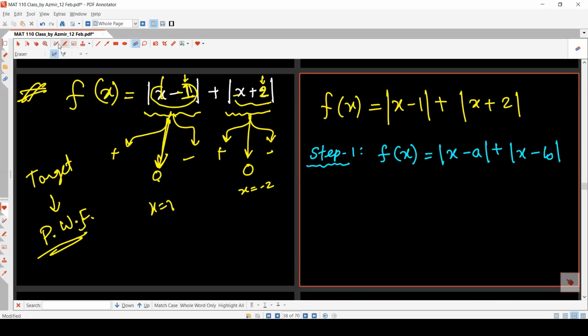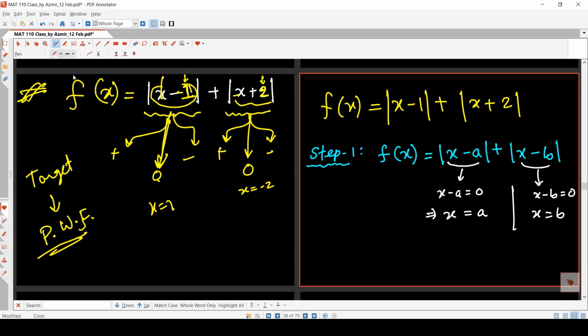So let me write this one. At first, we have to solve this inner quantity for 0. Also this quantity for 0. So here we have x equals a, here we have x equals b.